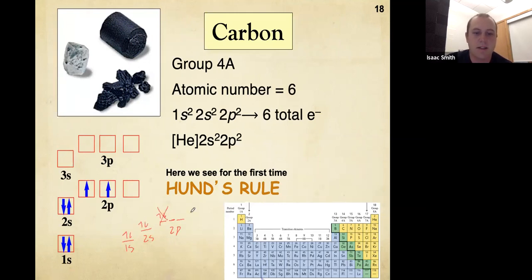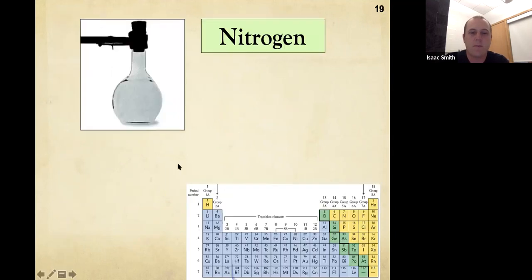Again, this is incorrect, okay? You should have the electrons separated out in separate orbitals first, and fill all the orbitals before you come back and add another electron in each orbital. So again, we talked about that, so that's Hund's rule.